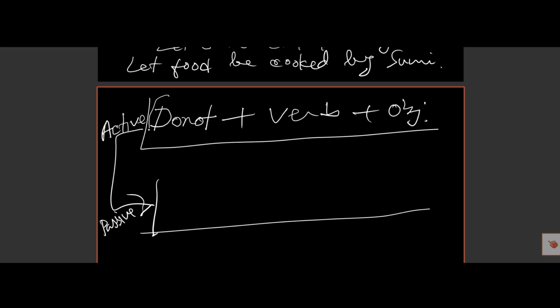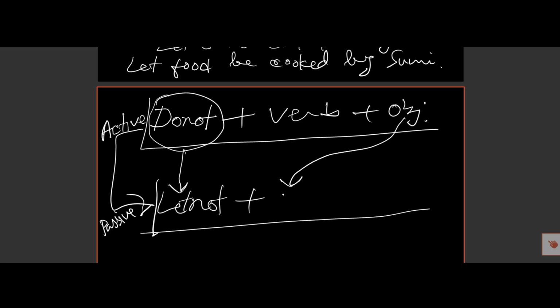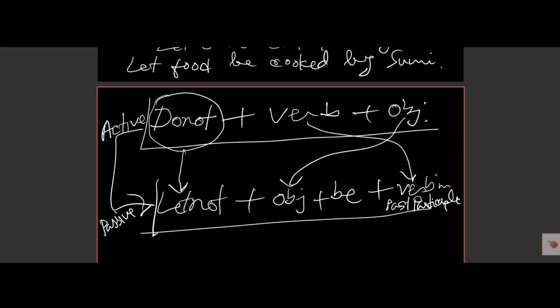If the sentence begins with do not, we must begin the passive voice with let not. Then object, then be, and the verb will be in past participle form.